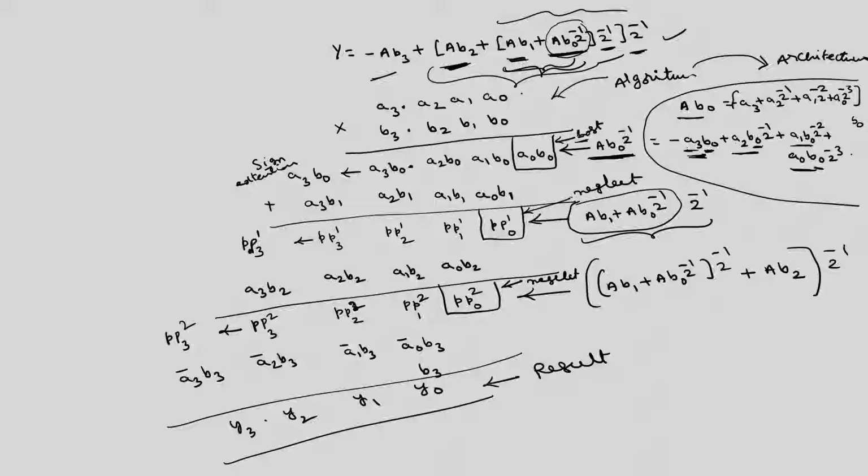In that we have to neglect this and we have to extend the sign of these bits. Similarly, step by step, first AB0 into 2 raised to the power of minus 1, then add AB1, again 2 raised to the power of minus 1, add AB2, again 2 raised to the power of minus 1, finally add minus AB3.